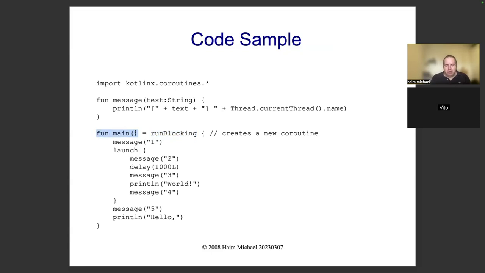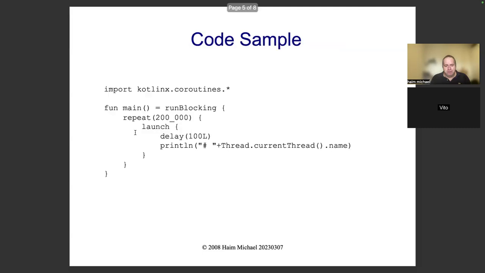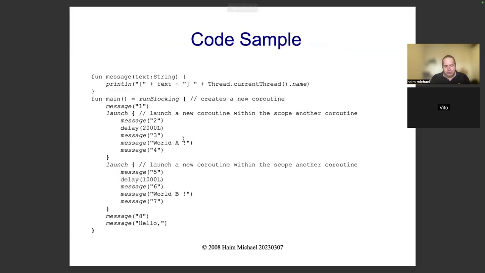But actually, we could also take the previous code sample, the first code sample we were using. Just imagine a big coroutine that includes multiple other coroutines. This is one coroutine, this is another coroutine, maybe we have more coroutines. The big coroutine that includes all other coroutines will end only when all other coroutines it includes have ended, only then.